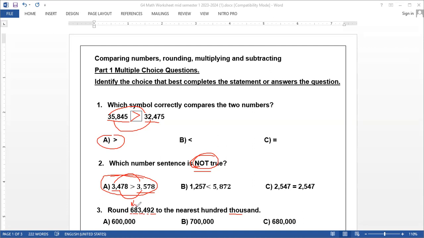So the 8 will give 1 to the 6. So the rounding digit is 7. The rule is if the number on the right of the rounding digit is 5 or more, don't ignore. So this will become 7, and all of them on the right of the rounded digit will be zeros. So the answer is 700,000.